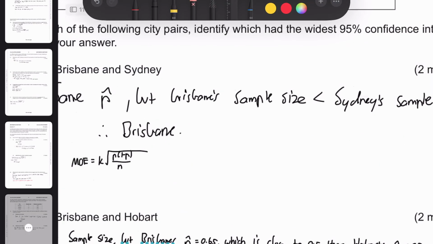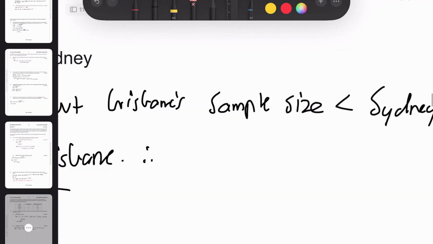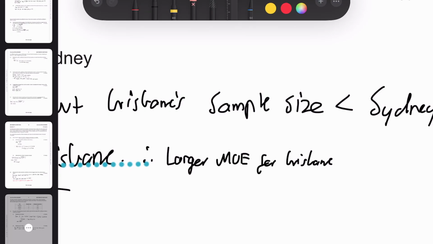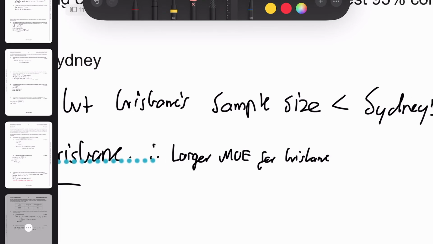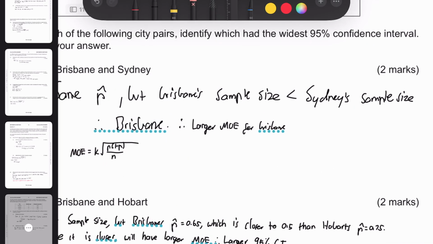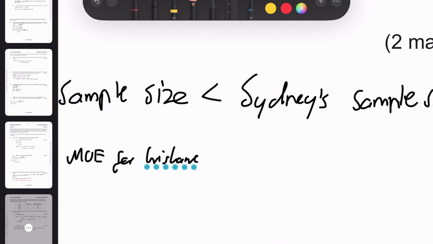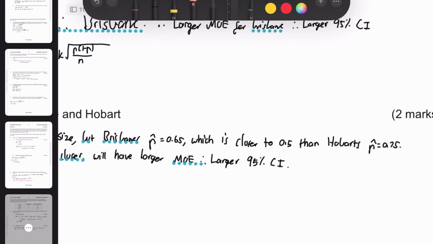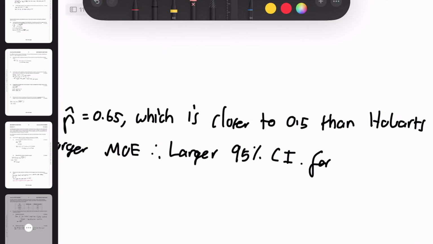So therefore larger MOE for Brisbane. Therefore larger 95% confidence interval for Brisbane.